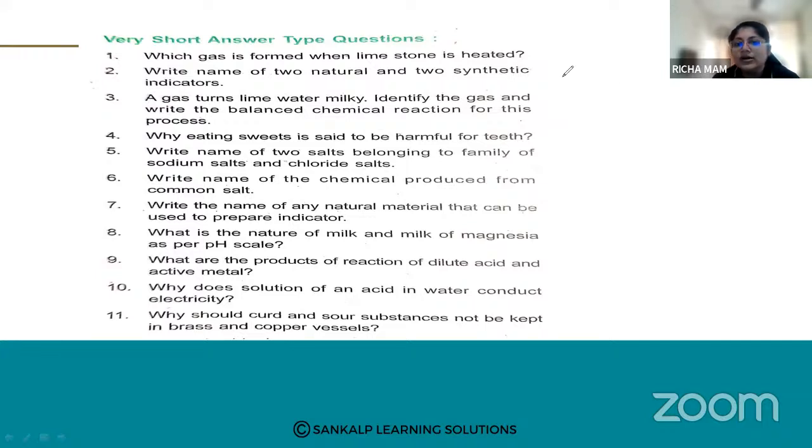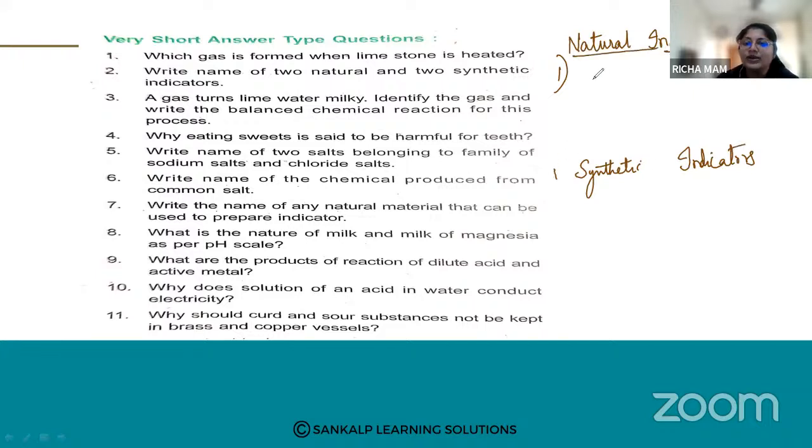Natural indicators are obtained from nature, and synthetic means man-made. So what are examples? One will be turmeric, which is a natural indicator.